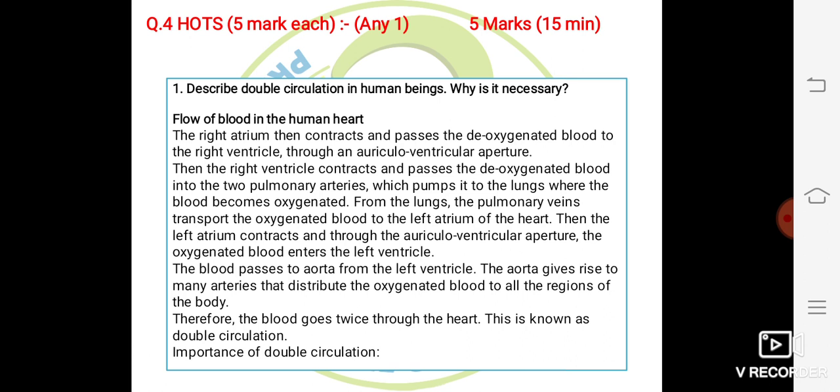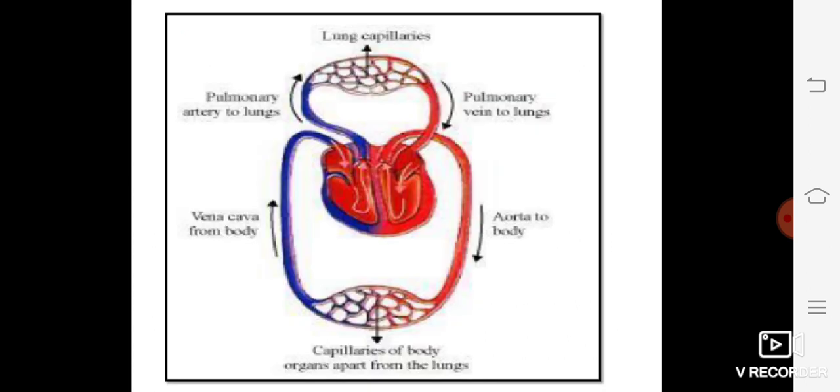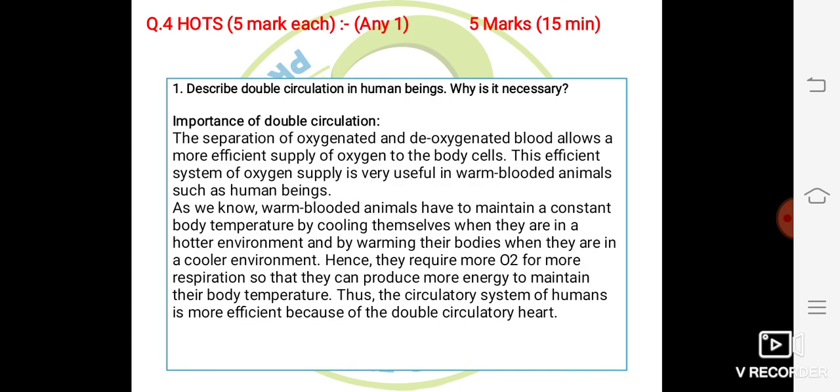Once you specify the term double circulation, the diagram for double circulation is very important. This diagram must be there. And then later on you will write the importance of double circulation, that why is it necessary, because the oxygenated and deoxygenated blood is separated and it doesn't allow to mix in it.